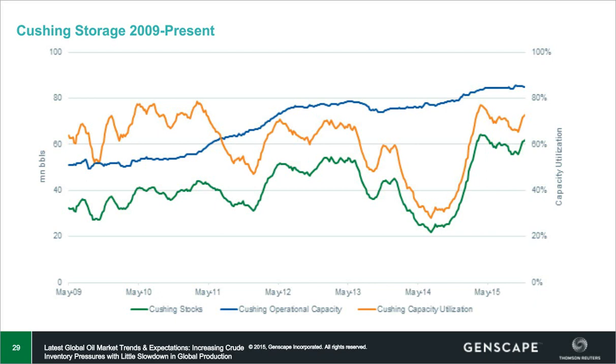We saw the extremely deep contangos that we saw back in 2010, 11, 12, 13. And then we were able to drain Cushing down to almost all-time lows. We got down to almost 21 million barrels and set an all-time low utilization back in July of 2014 at a little over 27% utilization.